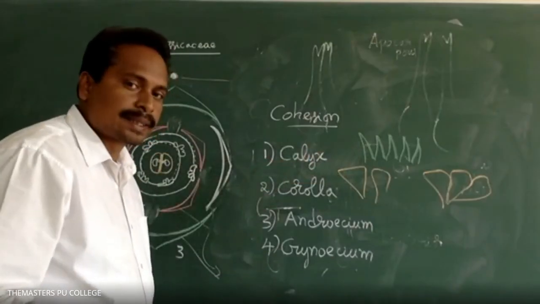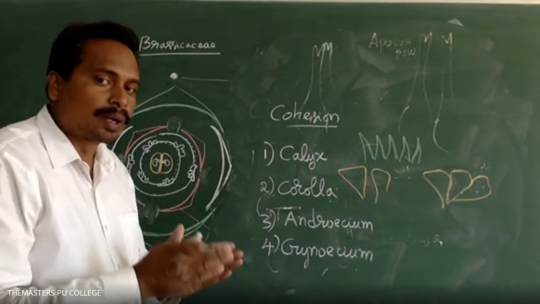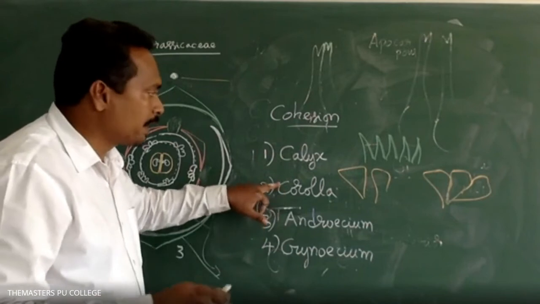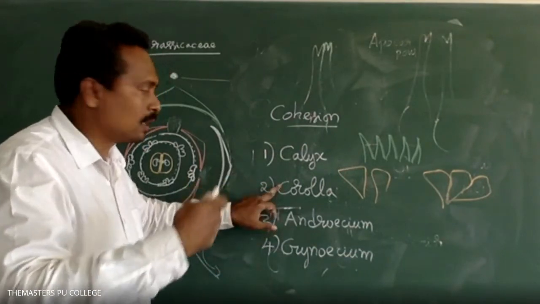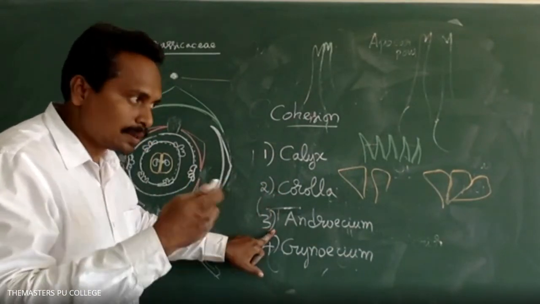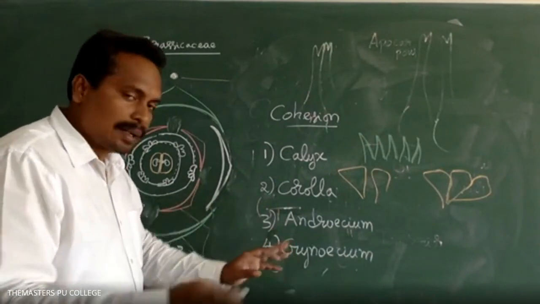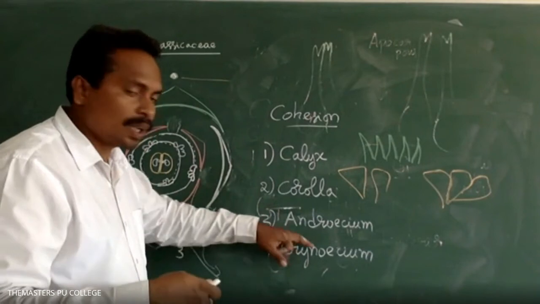So what is cohesion? Calyx forms one whorl, corolla forms one whorl, one circle. Androecium in some plants is one circle, in some plants two. That varies. Gynoecium generally forms the innermost whorl.